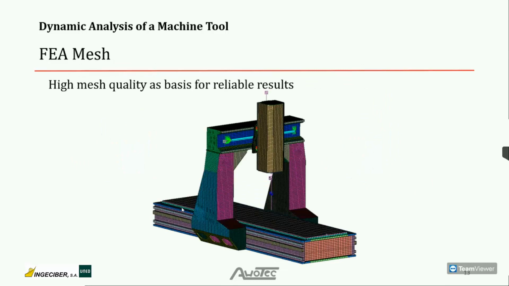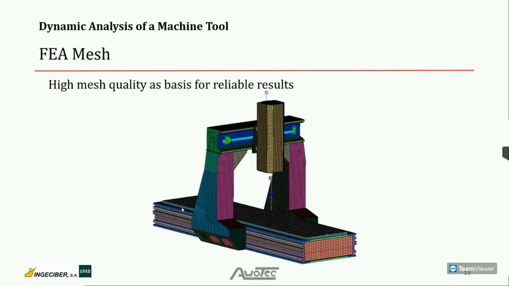And the next thing that has to be done, of course, is to create the FEA model itself. I focused on mesh quality because it is clear from the theoretical side that the better the mesh quality is, the more reliable are the results that are retrieved from the simulation model.